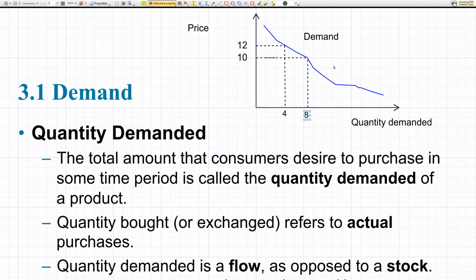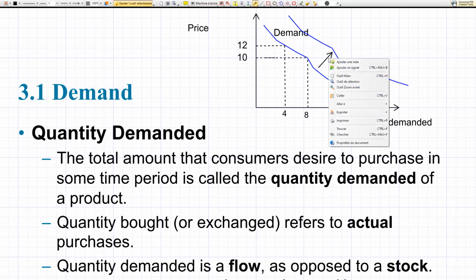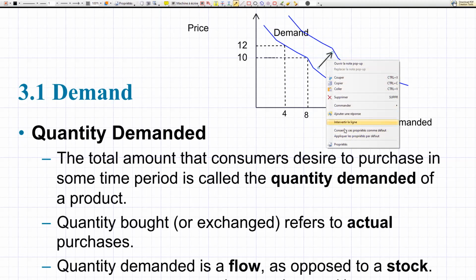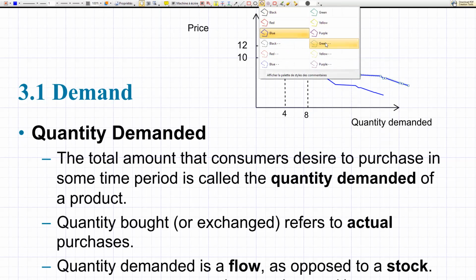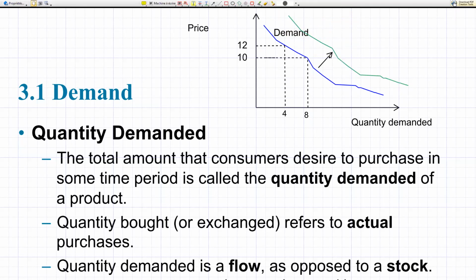Now, if something changes, for instance, everybody has a better income, or the Trudeau government gives people money to spend in the economy, then the demand is going to shift this way. Let's use another color, green, for instance.